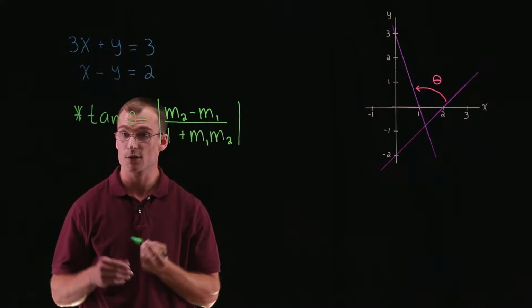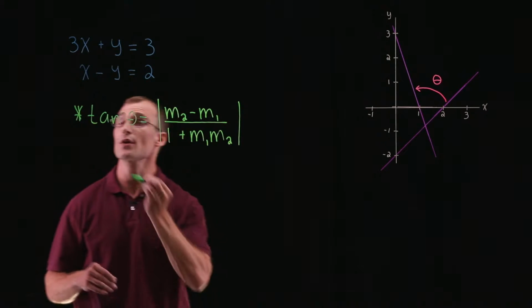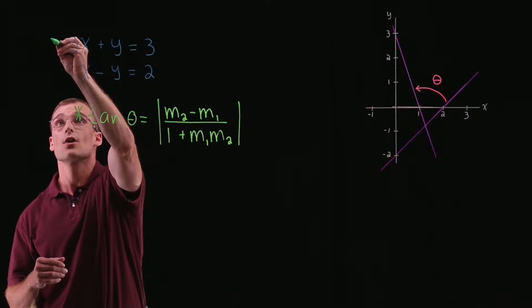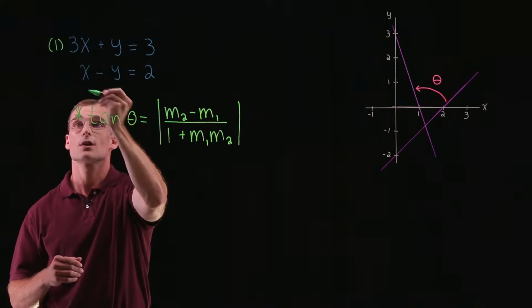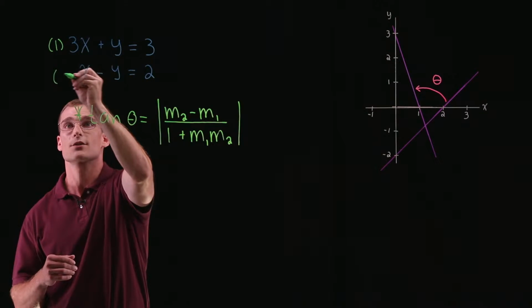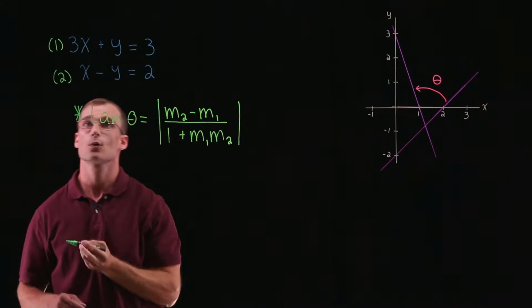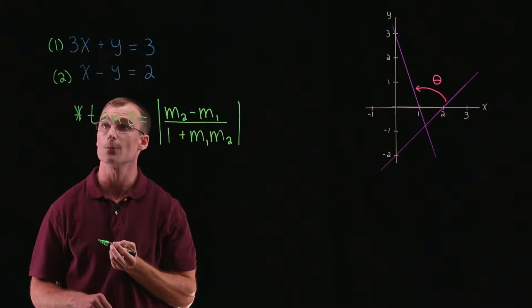Which slope matches which line doesn't really matter, so we can arbitrarily number them. We'll call the first equation, equation 1, and from that we'll find slope 1, and the second equation, equation 2, and from that we'll find slope 2.